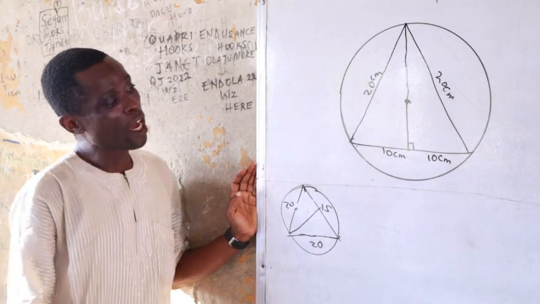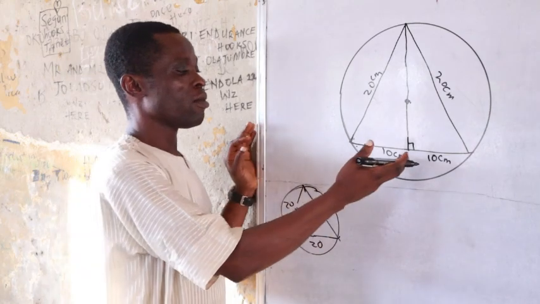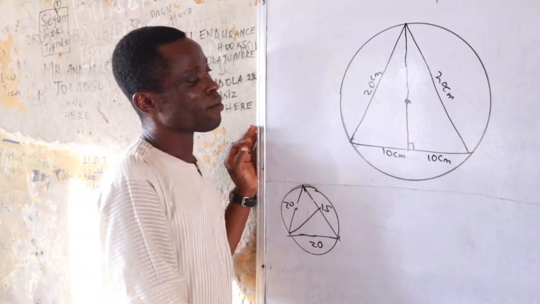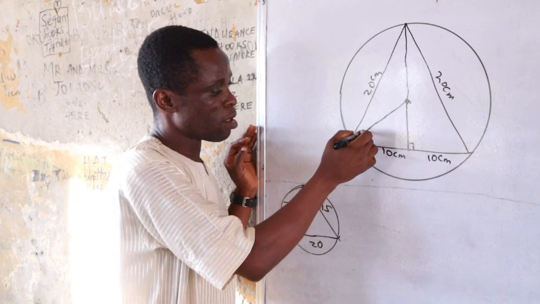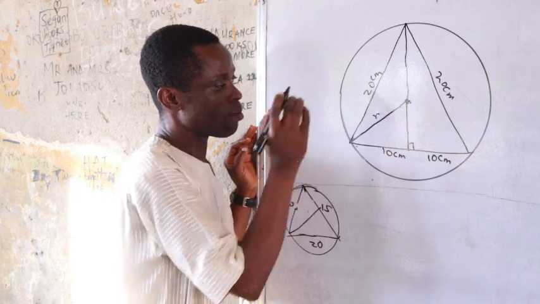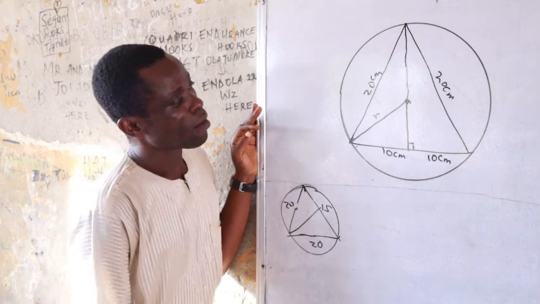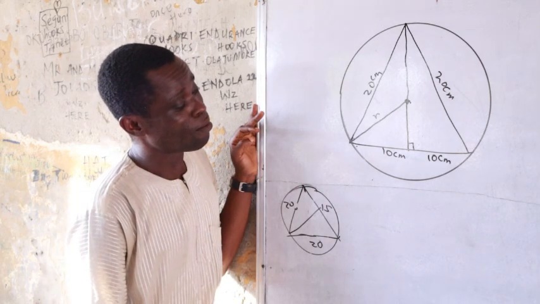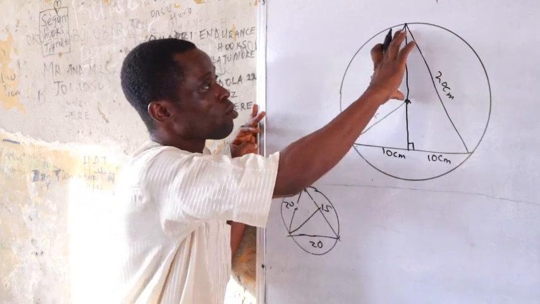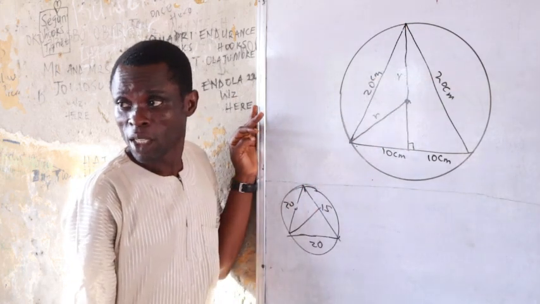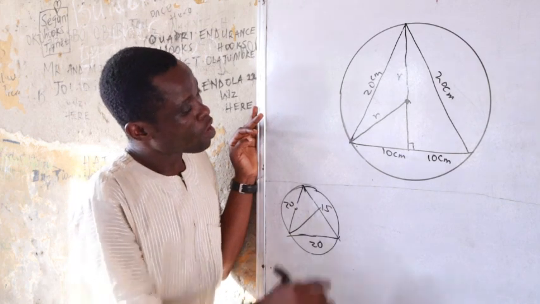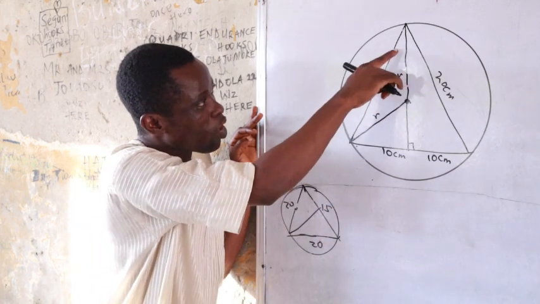Is that taken? Yes. Now with this as 10, 10, I can draw a radius. This is a radius. This is R. Now don't forget that this line too is called what? Radius. Because whatever you have here is equal to this.